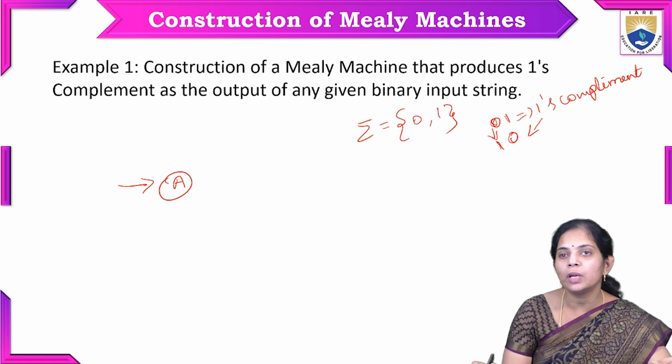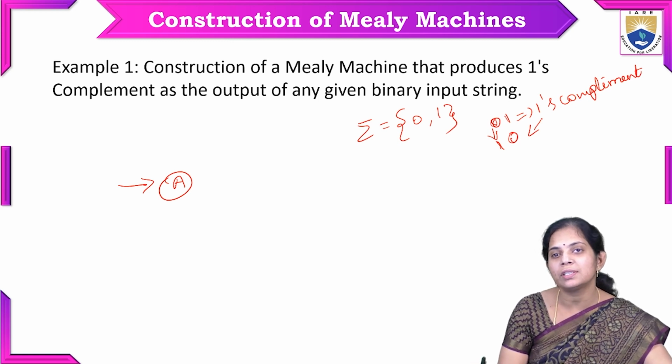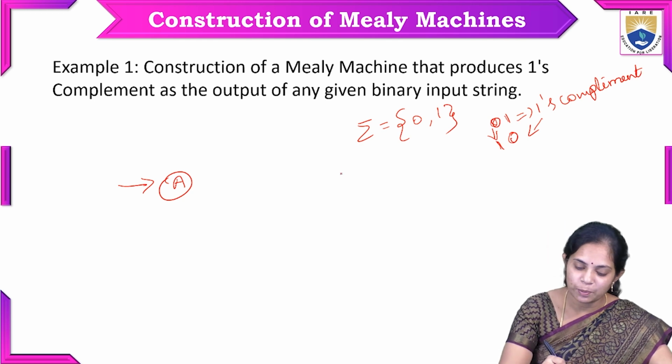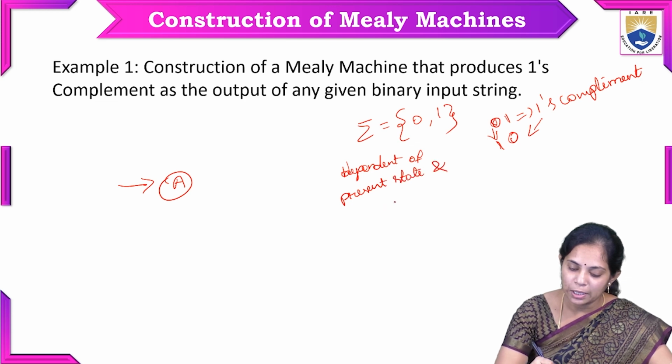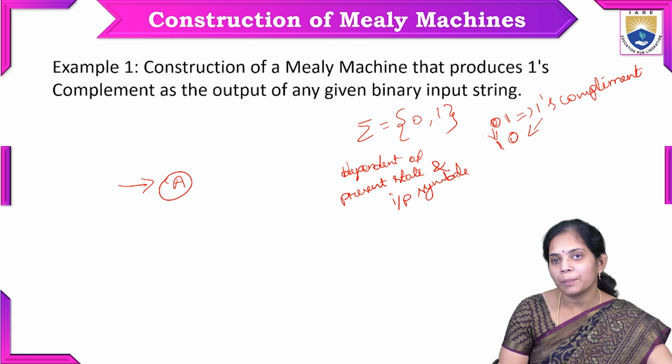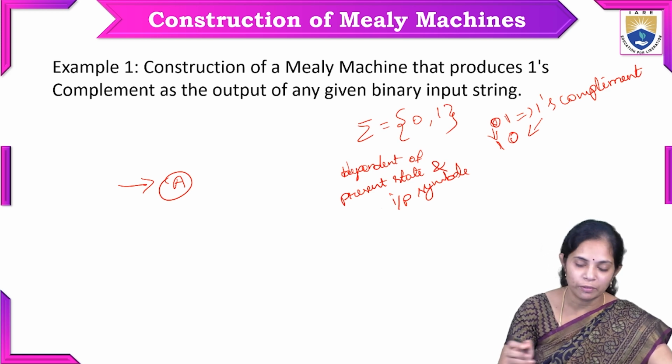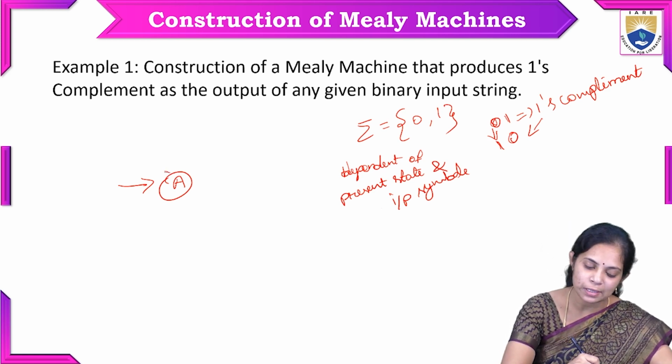We already know that the Mealy machine is dependent on the present state and input symbol. In the diagrammatic representation of the Mealy machine, we have input as well as output.